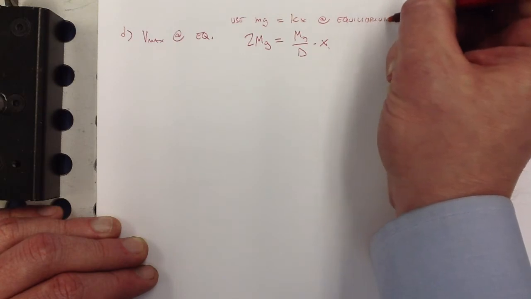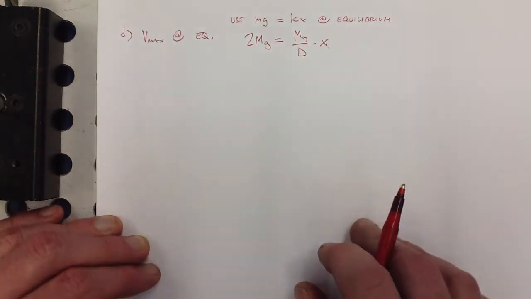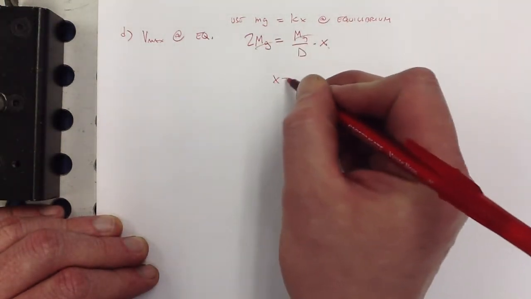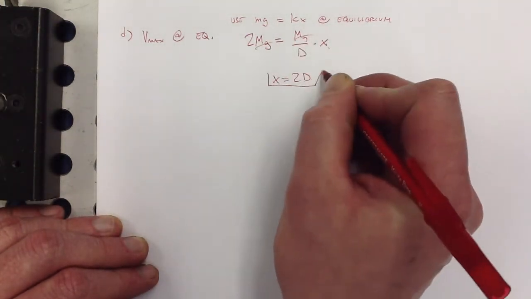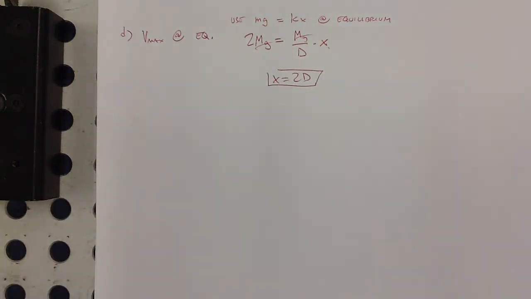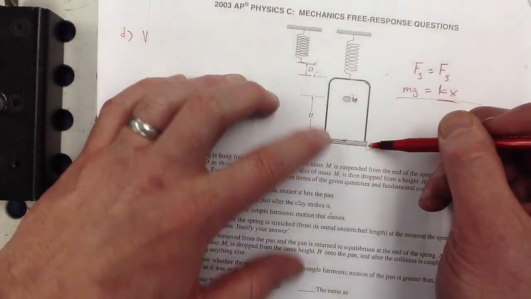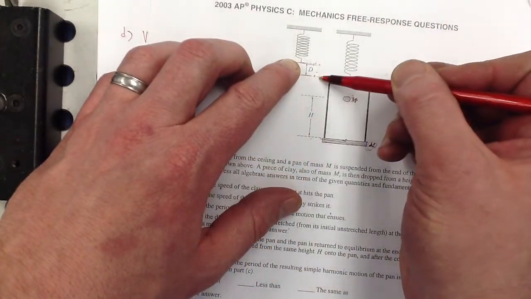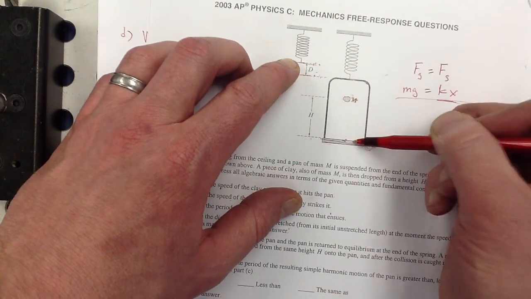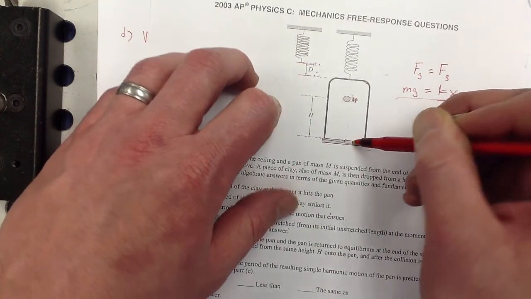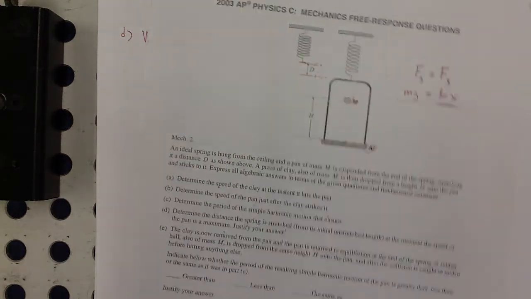It's the same idea that we used before to find the k. And then the mg's cancel out, so x is just 2d. That shouldn't be any surprise, because when we had mass m hanging on the spring, it got stretched to distance d. When we have mass 2m on the spring, it gets stretched to distance 2d to be at equilibrium.